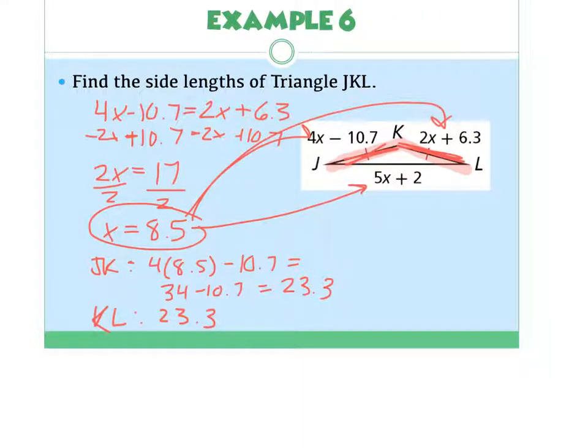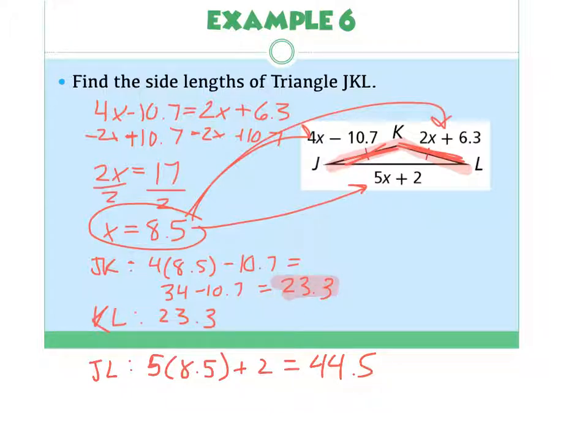And now to find JL, we can plug 8.5 into x again. So we do 5 times 8.5 plus 2 is equal to 44.5.